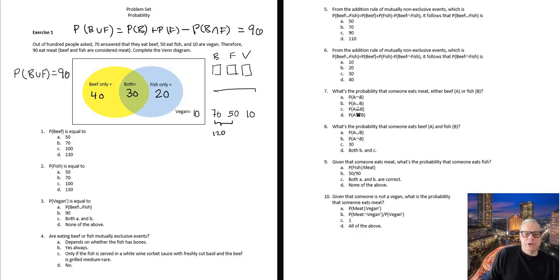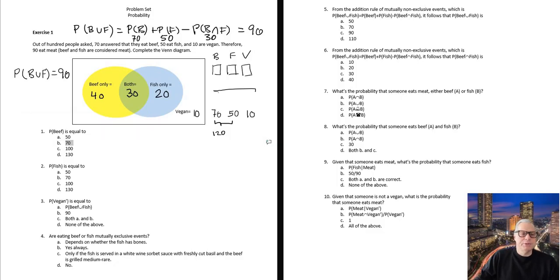And so what do we know? We know that 70 people said that they eat beef, so that was 70. 50 checked fish, so now we can infer that 30 must have said they eat both beef and fish. Okay, so in this case, the probability of beef, so that's all in percent, that is 70.